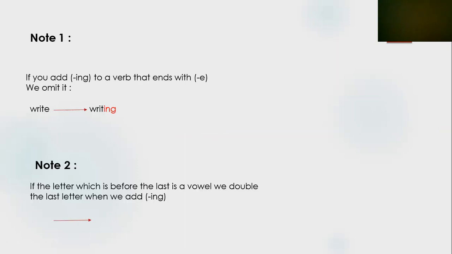If the letter which is before the last is a vowel, we double the last letter when we add ing. Like run. Here, we looked at the letter which is before the last. We find that it is a vowel. It is u. The vowels, I'll remind you of them. They are A, O, I, E, and U. So we have to double the last letter.